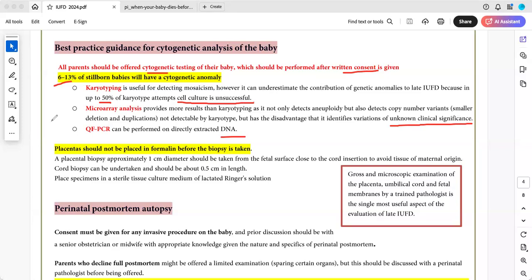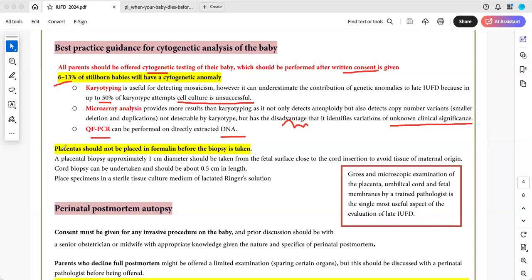Microarray analysis is better than karyotyping, okay, it can help you detect not only aneuploidy, but the copy number variant. But its disadvantage is that the result will say it identified a variant of unknown clinical significance, which can sometimes be conflicting to the parents. PCR can be performed directly on DNA.